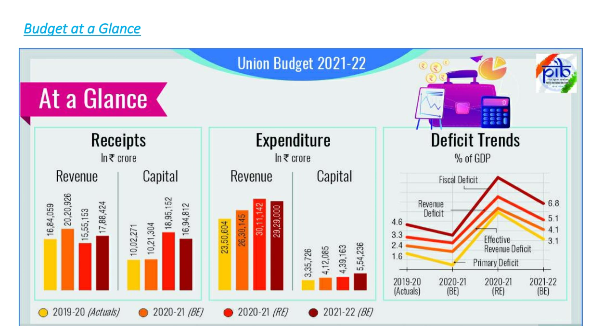Likewise, on the expenditure side, revenue expenditure is estimated slightly less than the revised estimate of financial year 2020-21, while capital expenditure is estimated to be more than the revised estimate of financial year 2020-21.